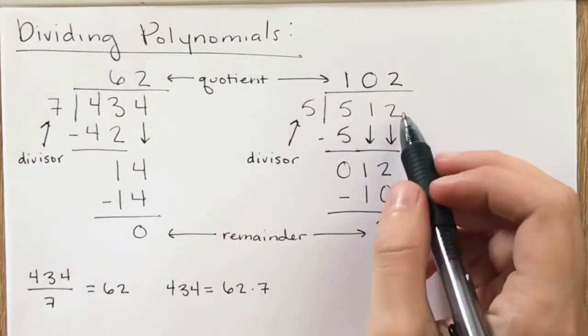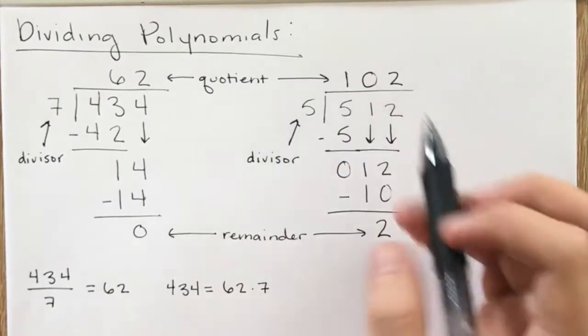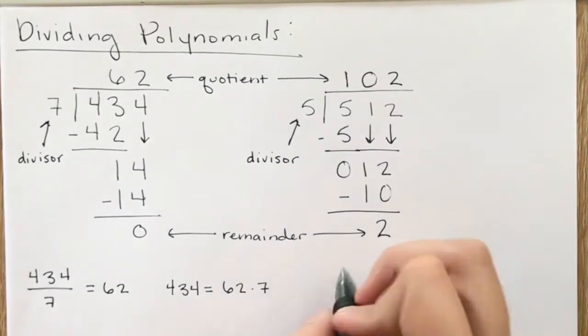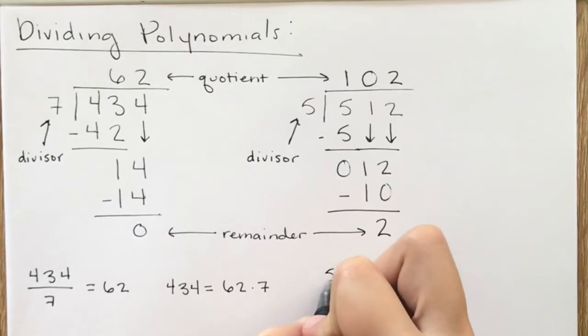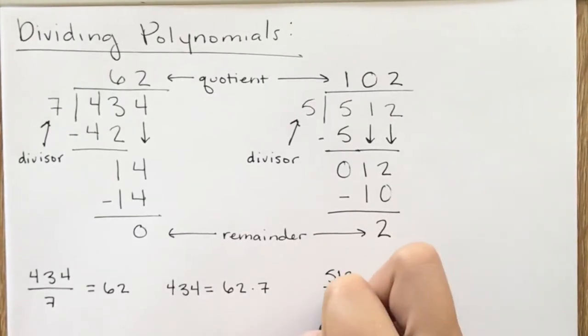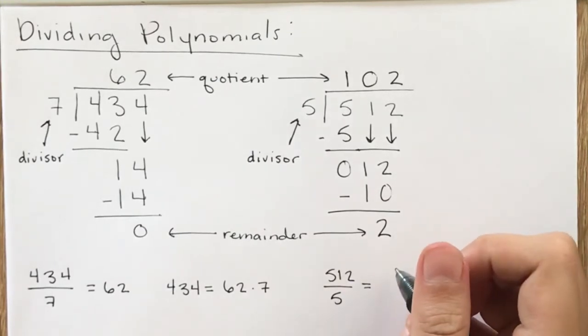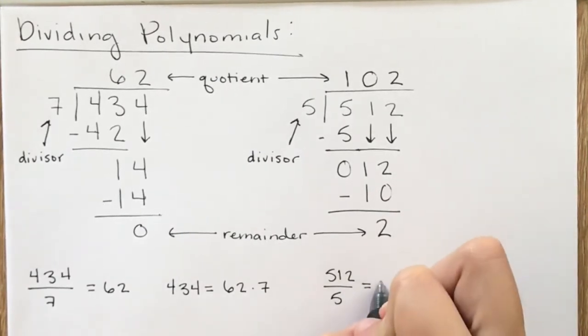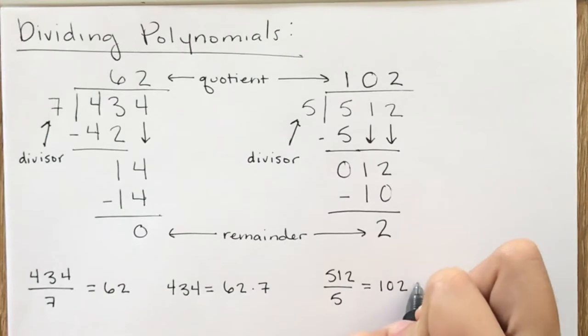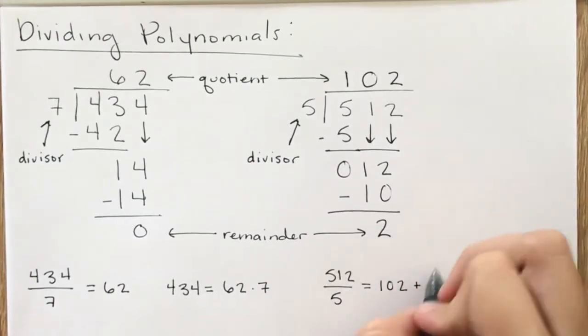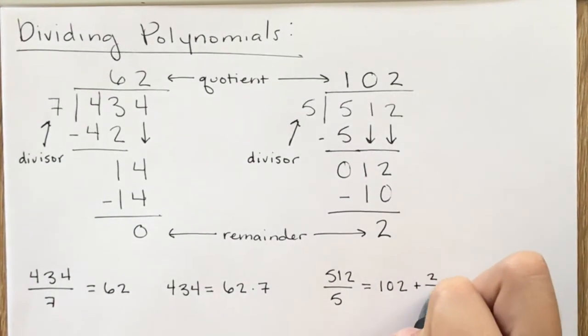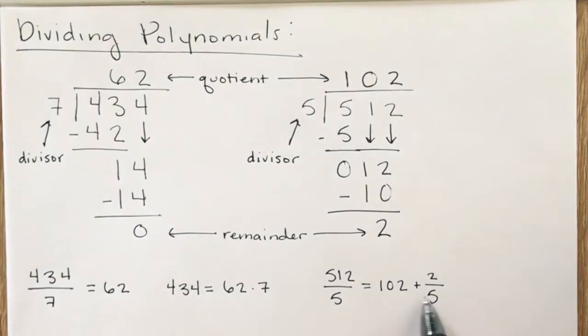We can do the same thing here as well. If we divide 512 by 5, so 512 divided by 5 is 102 plus whatever was left over that wasn't divisible by 5. So we can write 102 plus 2 over 5.